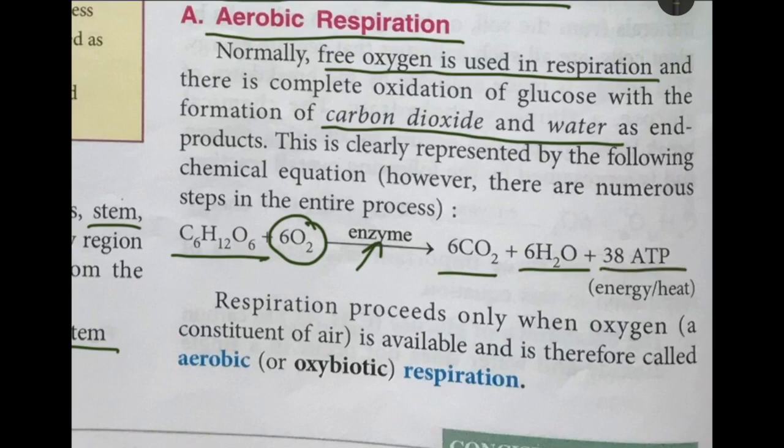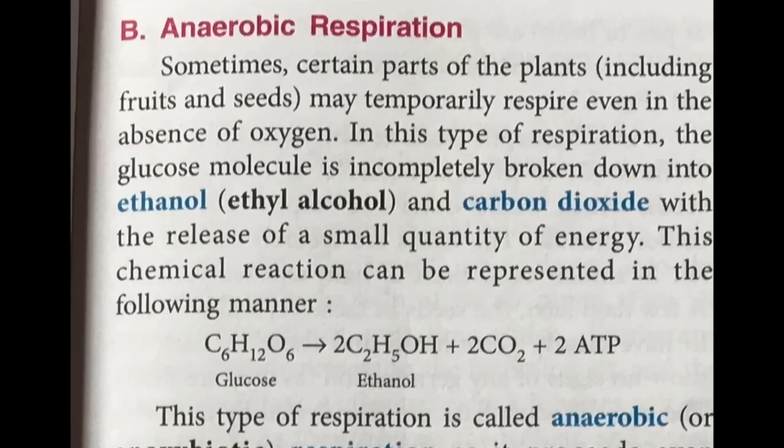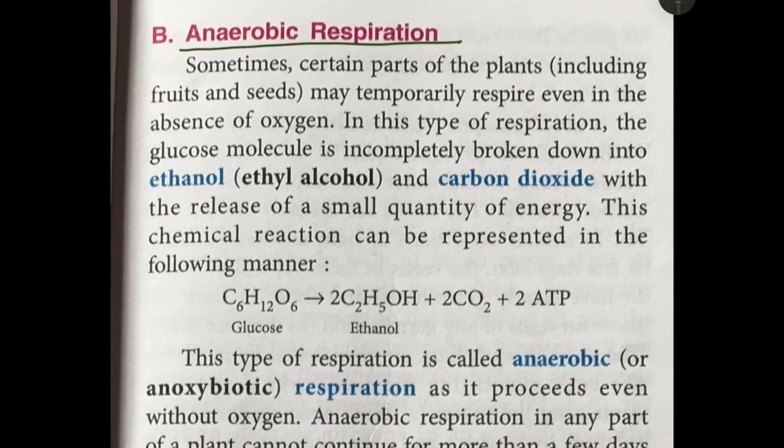So the respiration which takes place only when oxygen is available is known as aerobic, also known as oxybiotic respiration. Now next, moving on to anaerobic respiration. Now sometimes what happens, certain parts of the plant, sometimes even the fruits and the seeds, may temporarily respire.